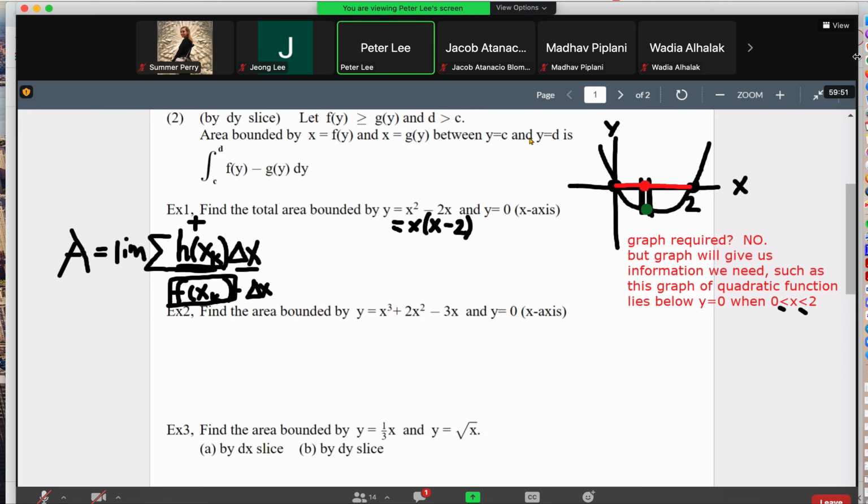And if I connect all the points on the bottom, then we get this right here. This green is what I call the lower boundary function, because the lower boundary function is the collection of all the bottoms of the rectangles. If you collect all the tops of the rectangles, we get this red curve, and in this case that's y equals 0, the x-axis. That red curve is what I call the upper boundary function.